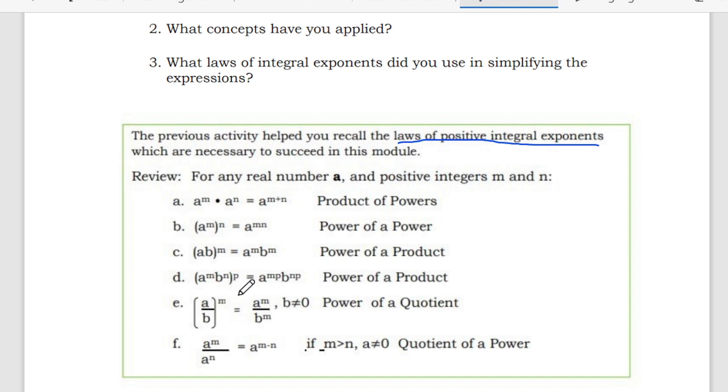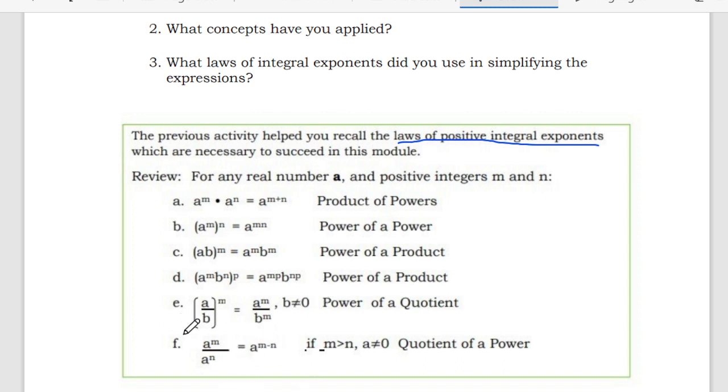Then another power of a product again. If you have a raised to m times b raised to n, the quantity raised to p, it is equal to a raised to m times p, times b raised to n times p. Then the power of a quotient: the quantity a over b raised to m is the same as a raised to m divided by b raised to m, wherein b should not be equal to 0.